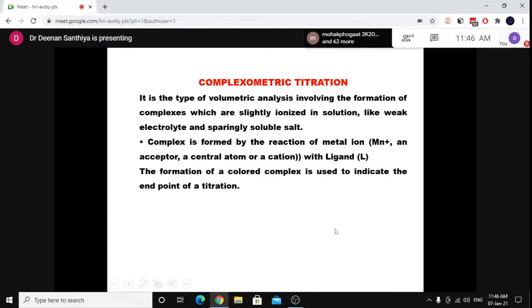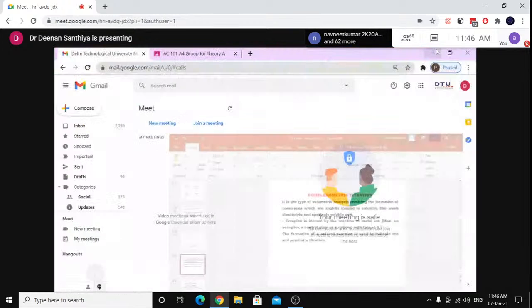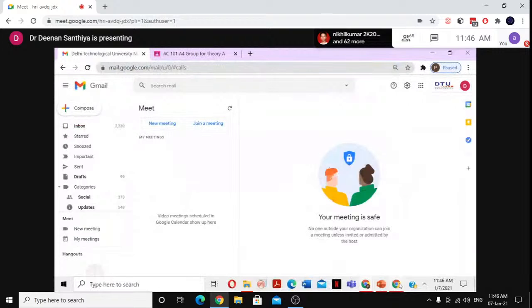So, can any one of you explain what I explained? Complexometric titration. Can you explain what is meant by complexometric titration?